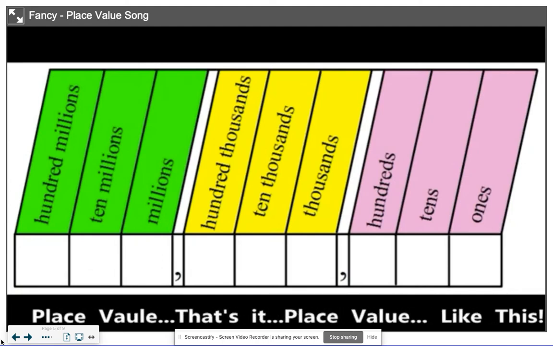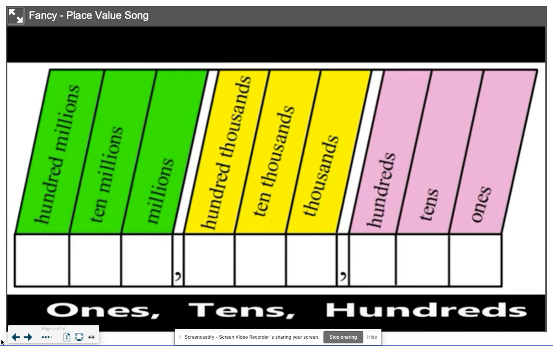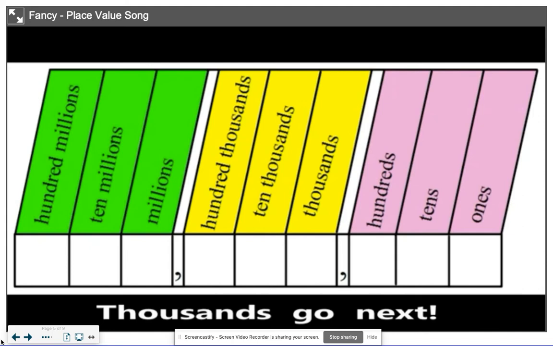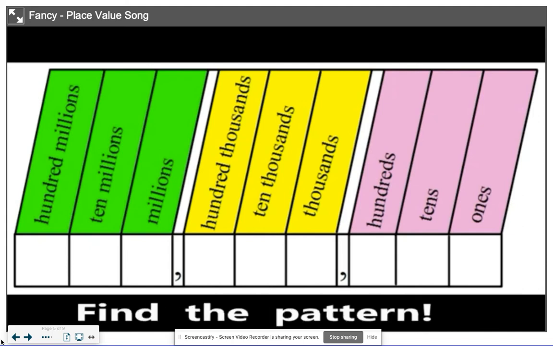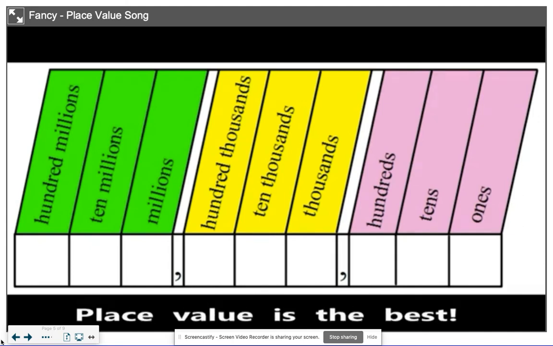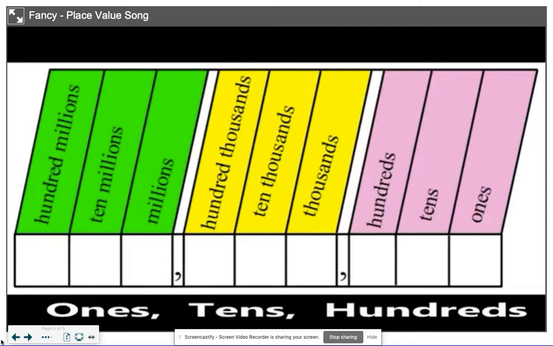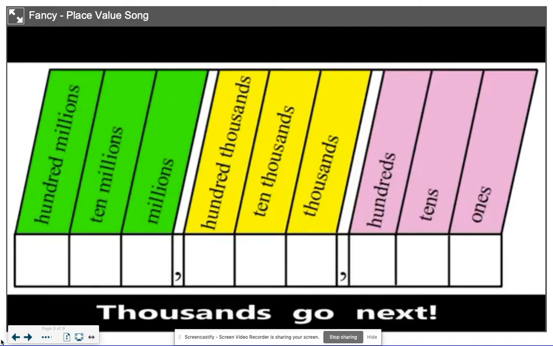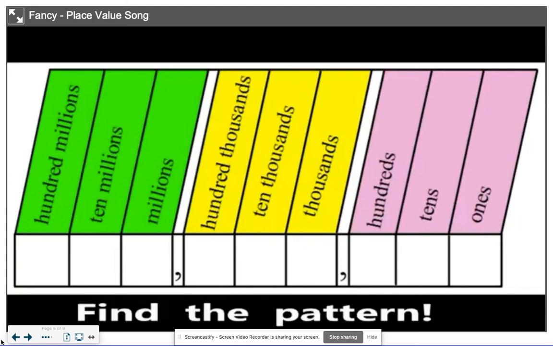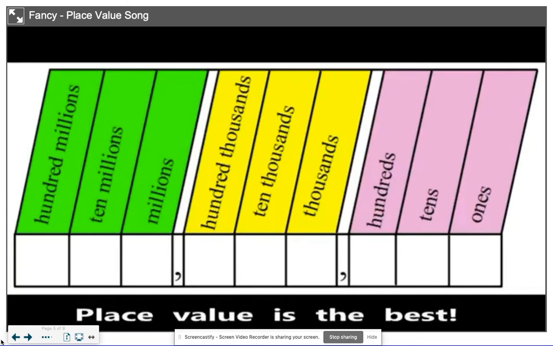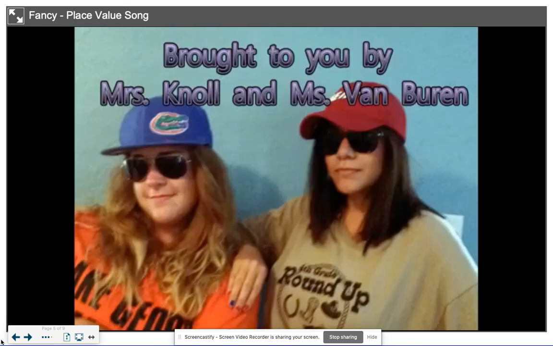Place value, that's it. Place value like this. Ones, tens, hundreds, thousands go next. Find the pattern. Place value is the best.